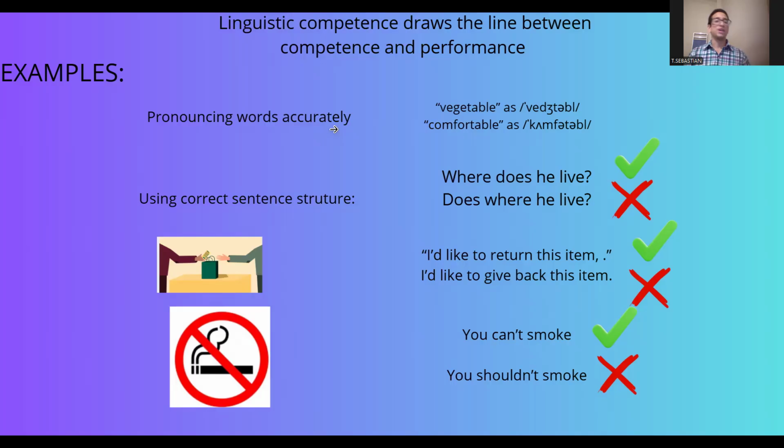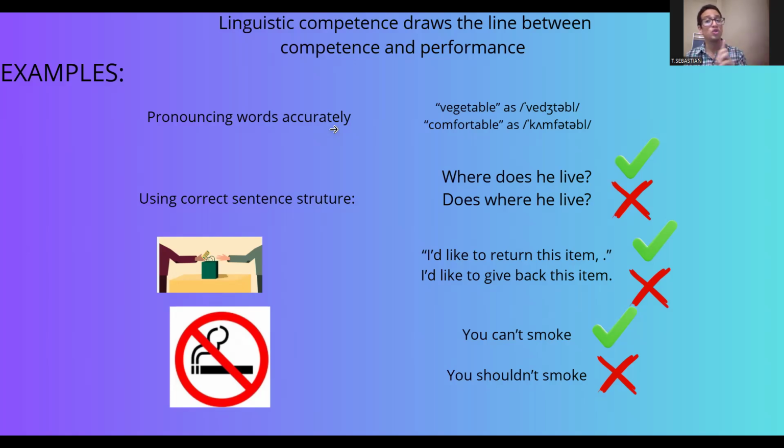Examples of this are pronouncing words accurately, like vegetable and comfortable. That's how it is pronounced. Or for example, this no smoking sign here. We know that it says it's prohibited here. But you can say you can't smoke here.